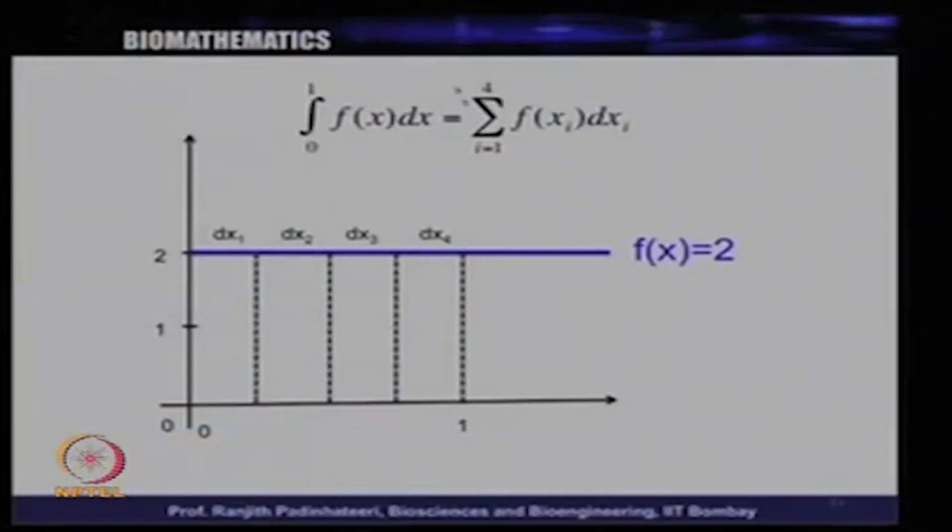Have a look at this slide. You would see integral f of x dx in some places. What this means is that this curve between 0 and 1 can be divided, let us divide for convenience, into many intervals dx1, dx2, dx3 and dx4.